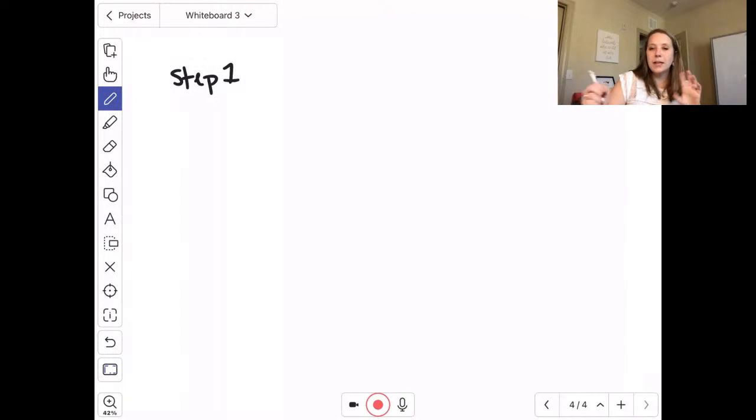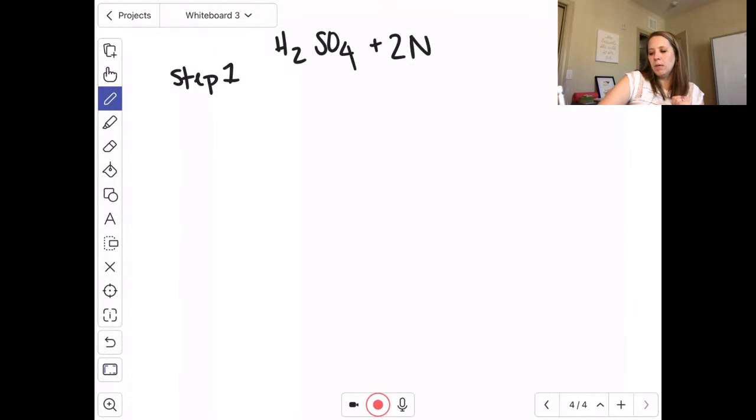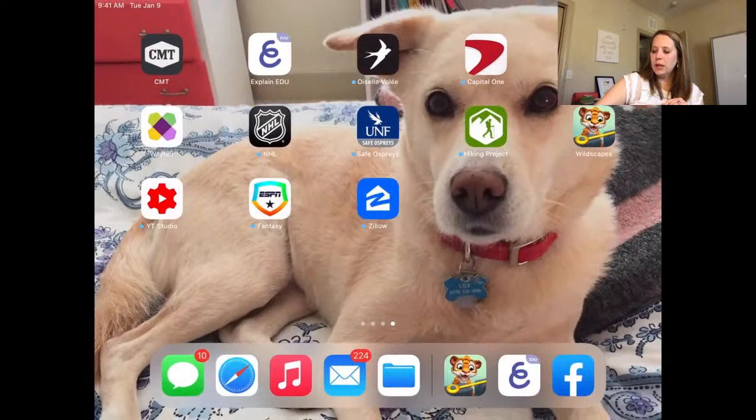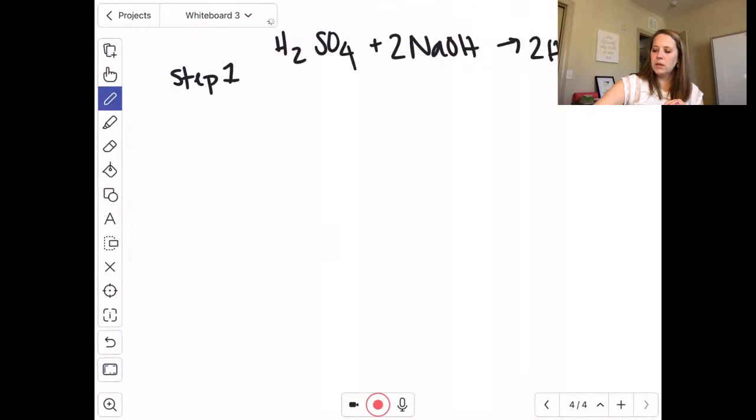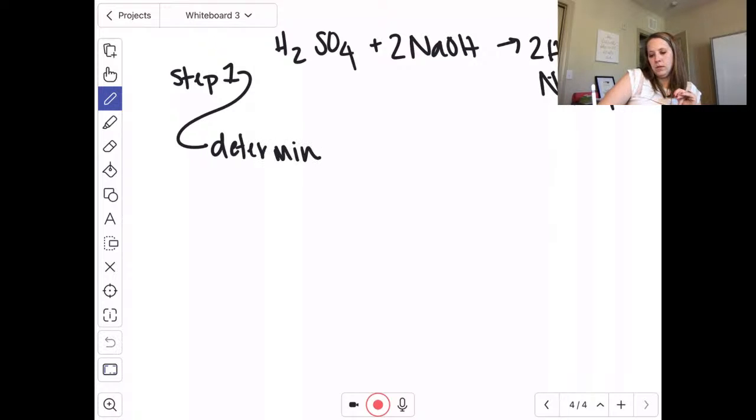So step 1. Titrations just have 3 steps. So if we go back to H2SO4 plus 2 NaOH goes to 2H2O plus Na2SO4. Now we have this compound. So step 1 is to determine moles of known.